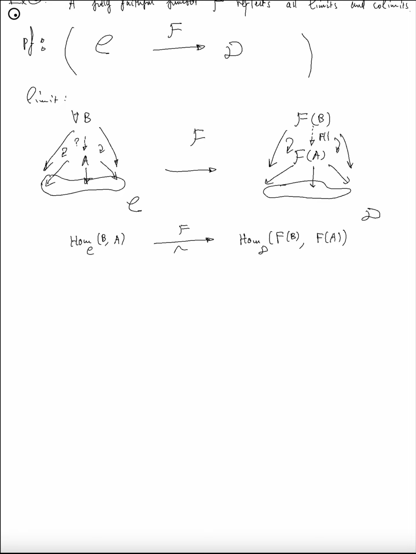Let's call this FF. Then there is the preimage of this, right? Let me call it F. So I'm putting this F here, and then I'm going to check.